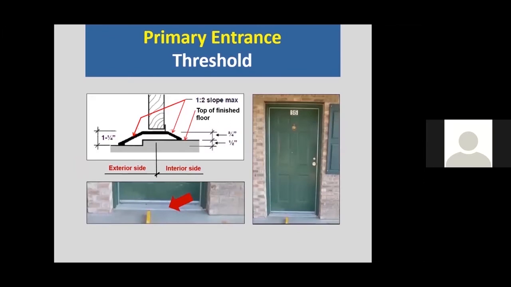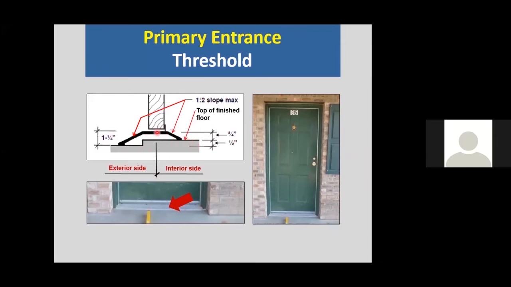Flooring transitions and door thresholds occur along the accessible route, so we are limiting abrupt level changes within the unit as well. We are looking at the primary entrance threshold here. The interior finished floor, the top of the threshold, and the exterior surface are what we're looking at.